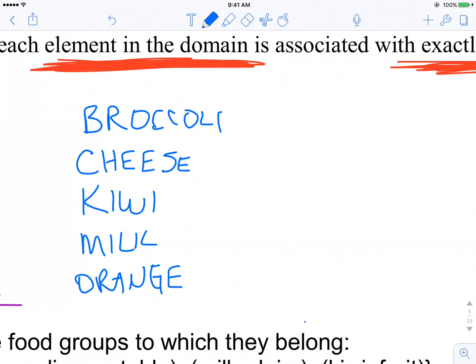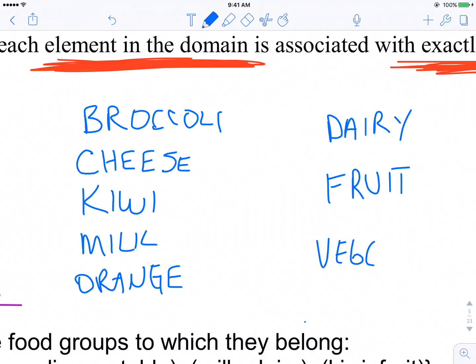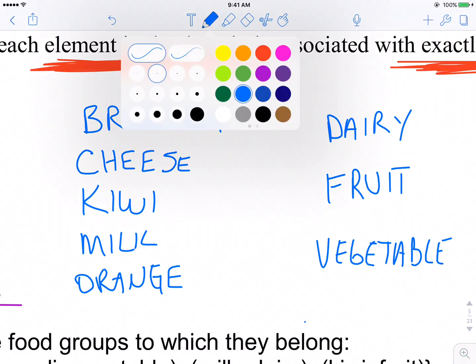And over here I would have dairy, fruit, vegetable. And then I would draw my arrows.